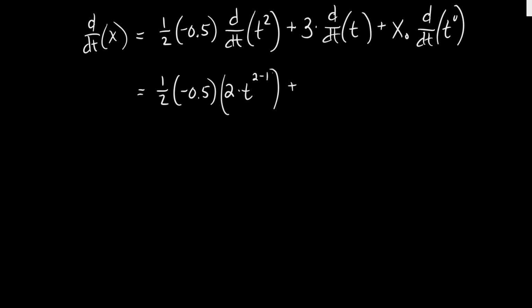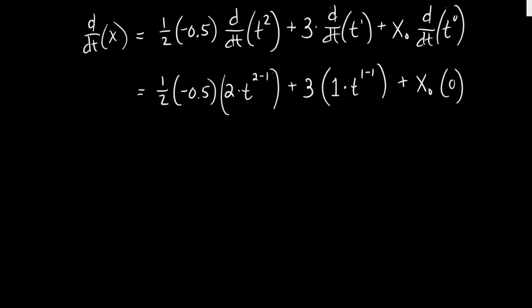Let's go to the next one. That t is just t to the what power? T to the 1 power, it's implied. So I bring the 1 down front, and then t to the 1 minus 1 power. Okay? Plus x naught. I bring the 0 down. Does it matter what I do to that exponent now? No, because the 0 will wipe out anything that's there.